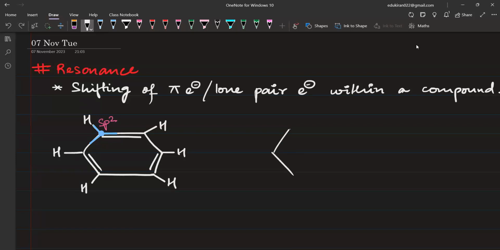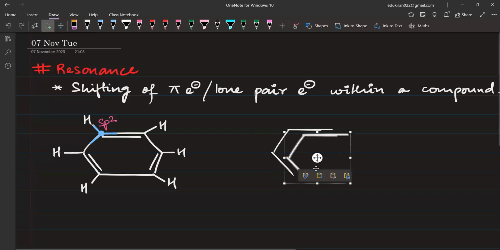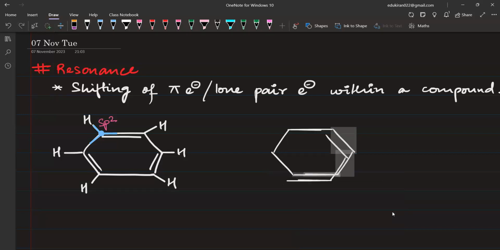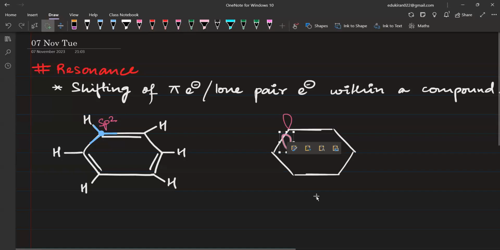I will make the, okay, please see. There will be p orbital here.